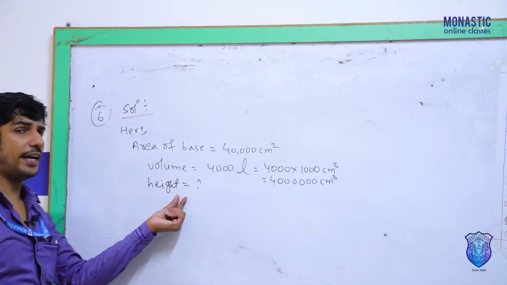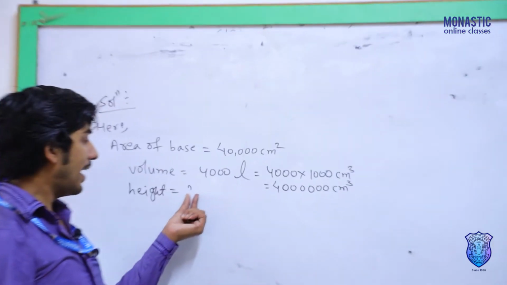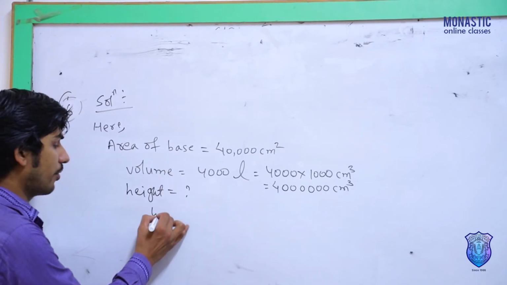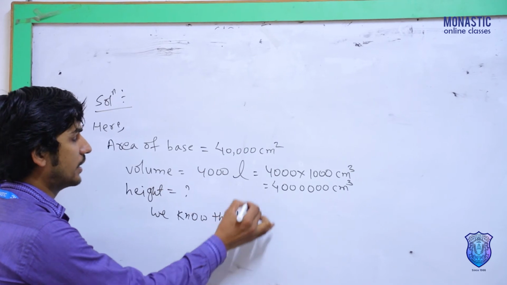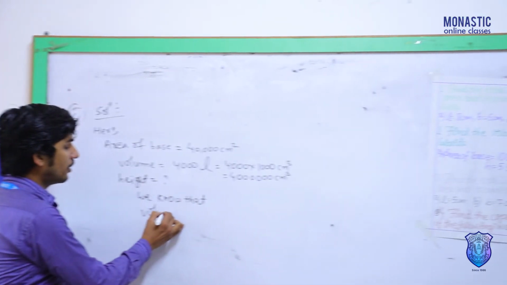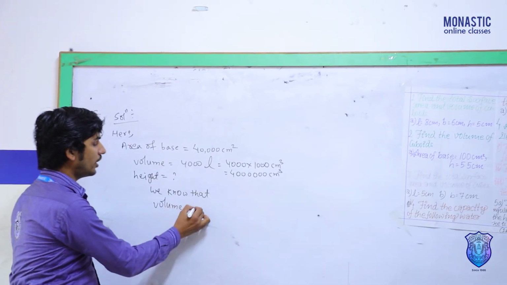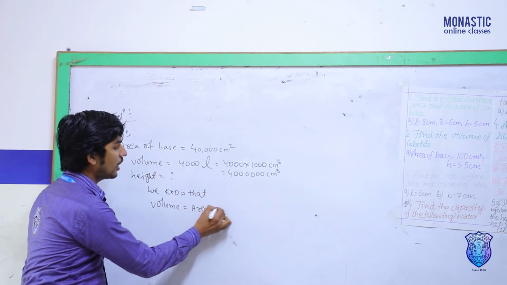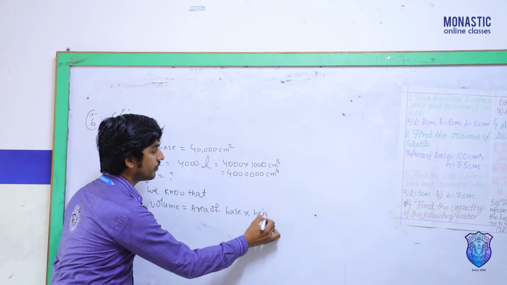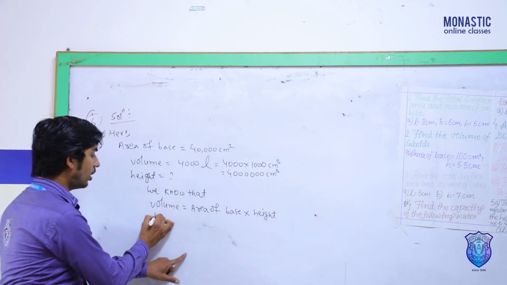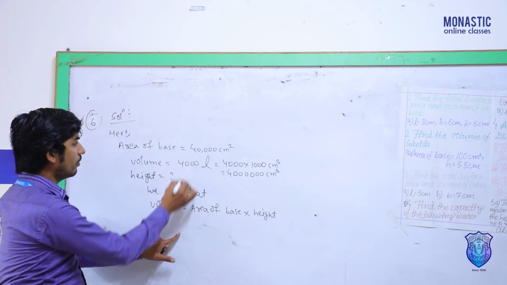And what you have to find? Height. To find this height, what do you know? Simply you can say that volume is equal to area of base into height. How much is the volume?